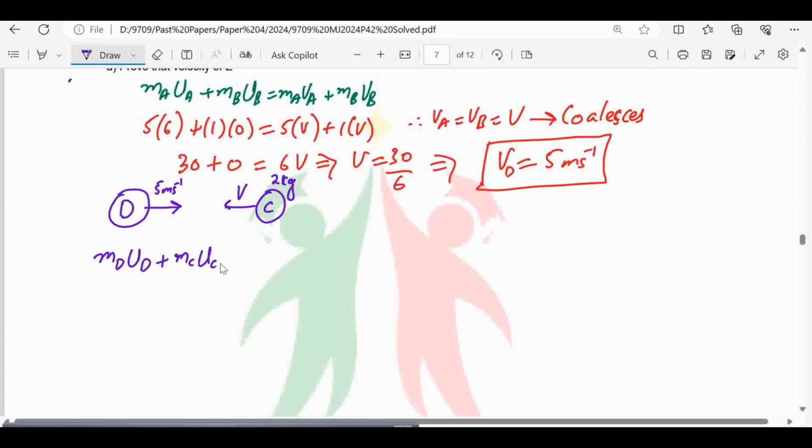mD uD plus mC uC is equal to mD vD plus mC vC.